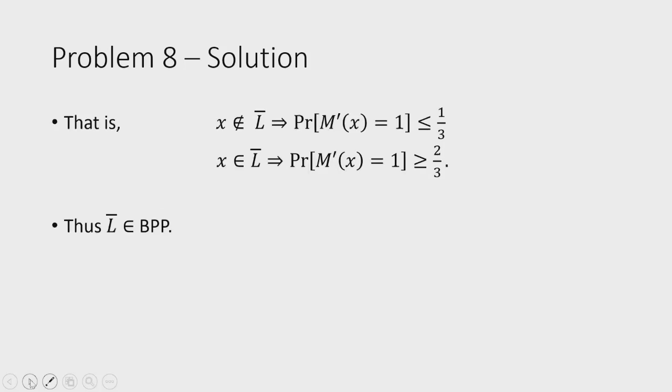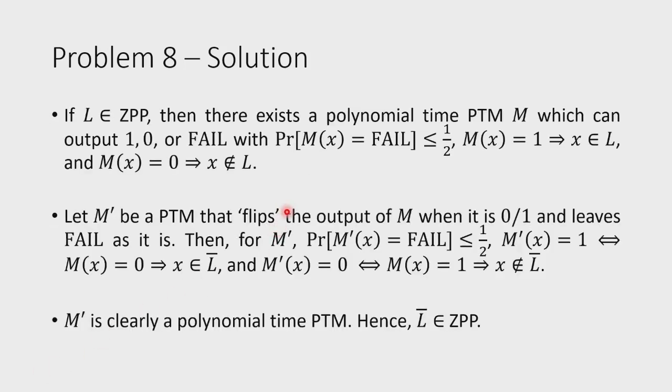Okay, so we have been looking at flips for quite some time. We saw that you can flip the output of a deterministic Turing machine. We saw that it is not clear to us right now how to flip the output of a non-deterministic Turing machine. Here we saw that you can flip the output of a probabilistic Turing machine. But there are also relationships between probabilistic and non-deterministic Turing machines.